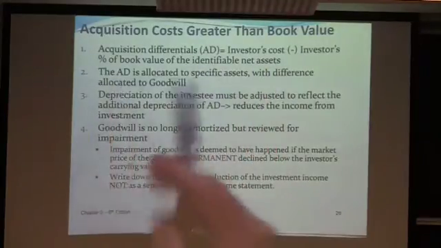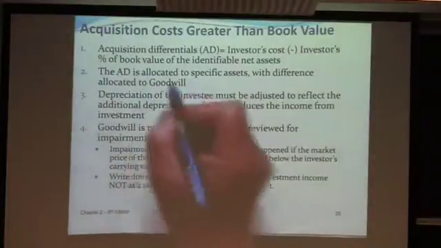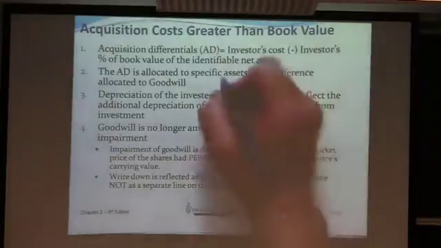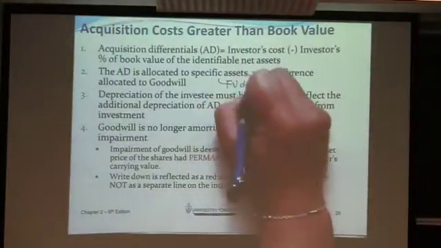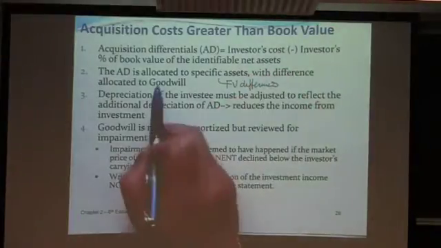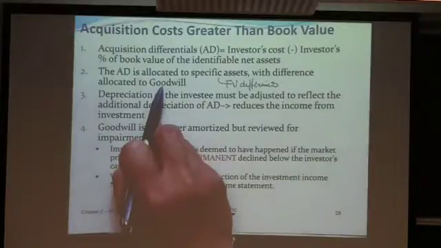That acquisition differential is then allocated to the specific assets of the investee. And what we're trying to do is allocate the fair value differences. And then, of course, the remaining difference goes to goodwill. And that's essentially what we need to do.